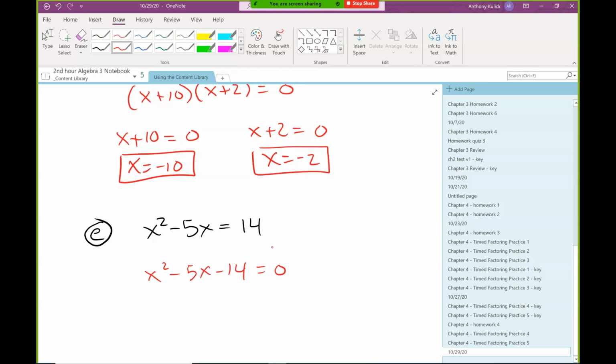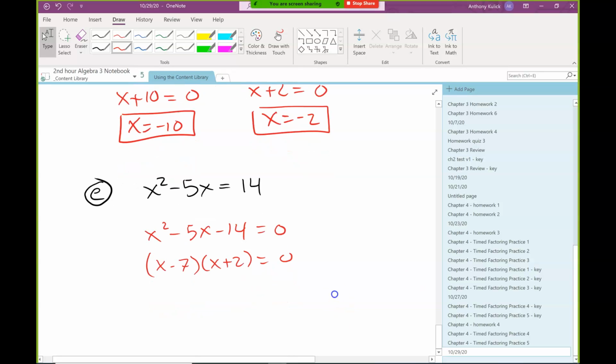And now, let's check to see if we can factor. So two numbers that multiply to give me negative 14 and add to give me negative 5 are negative 7 and positive 2.